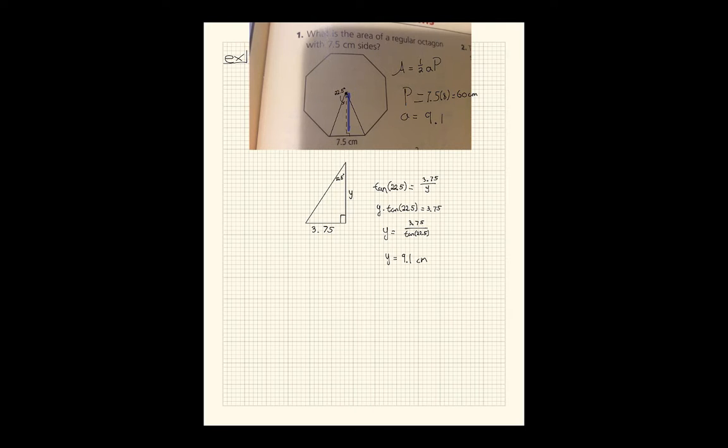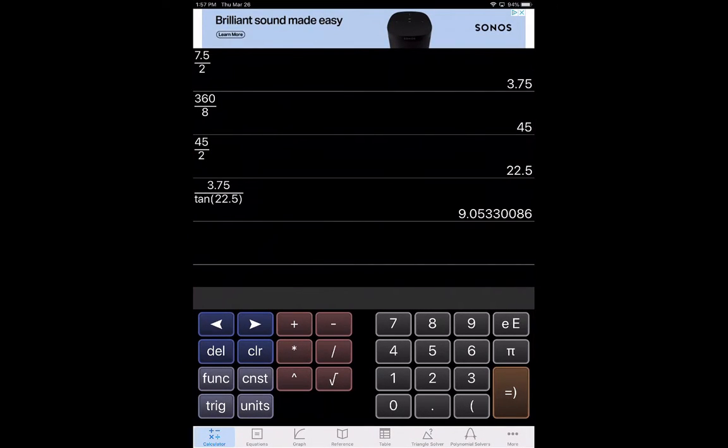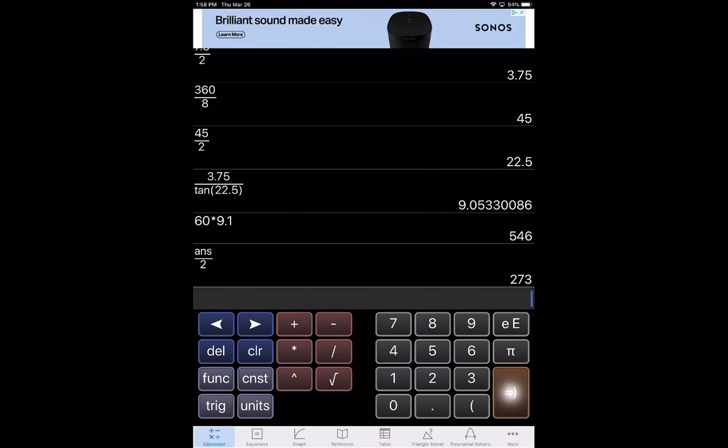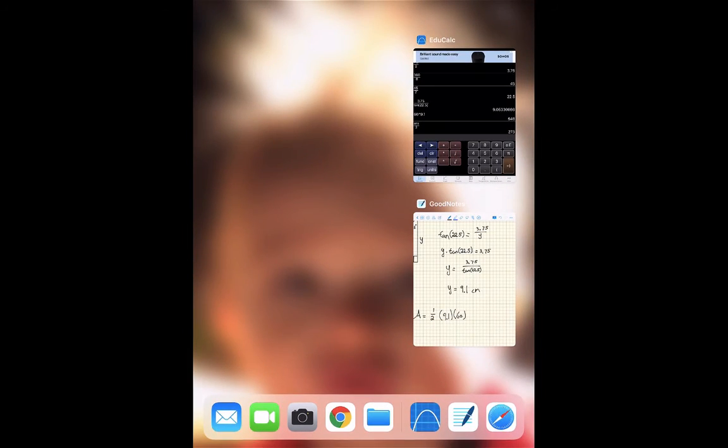And then we have everything we need. We have the apothem. We have the perimeter. Let's plug that in. We have 1/2 of 9.1 times the perimeter, which is 60. So 60 times 9.1 divided by 2 gives me 273, right? 273 centimeters squared.